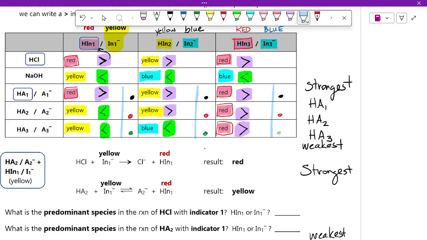Who is the strongest indicator? Red. Red is not an indicator. HIN1. Who's the second strongest? HIN2.